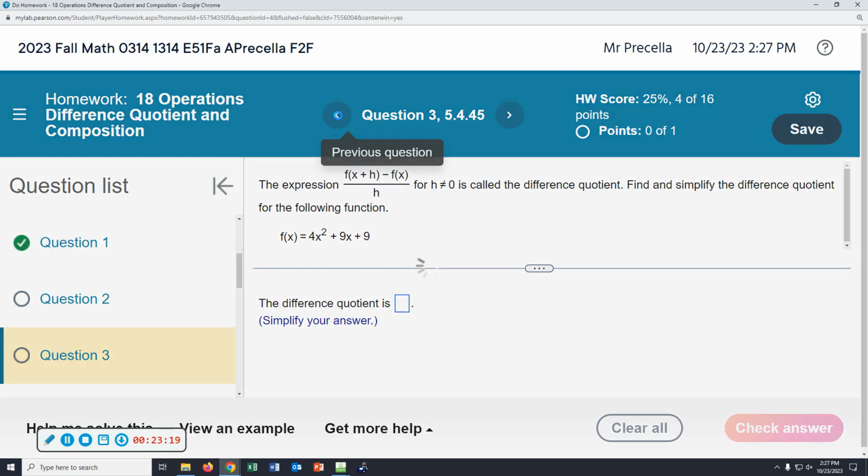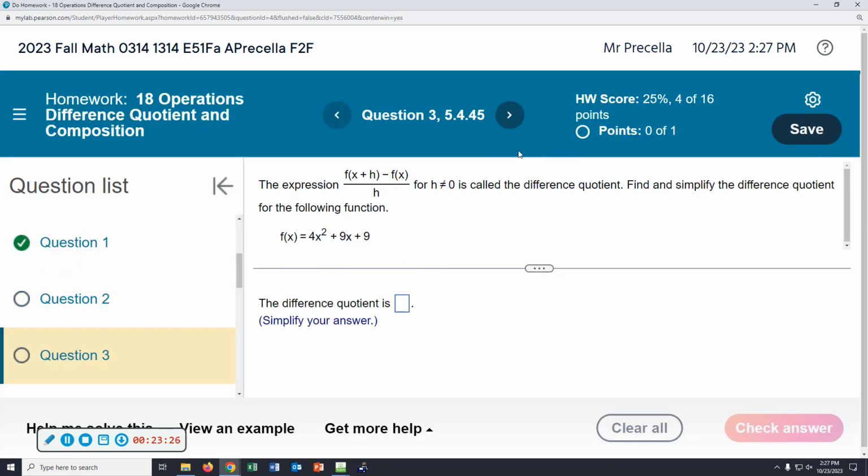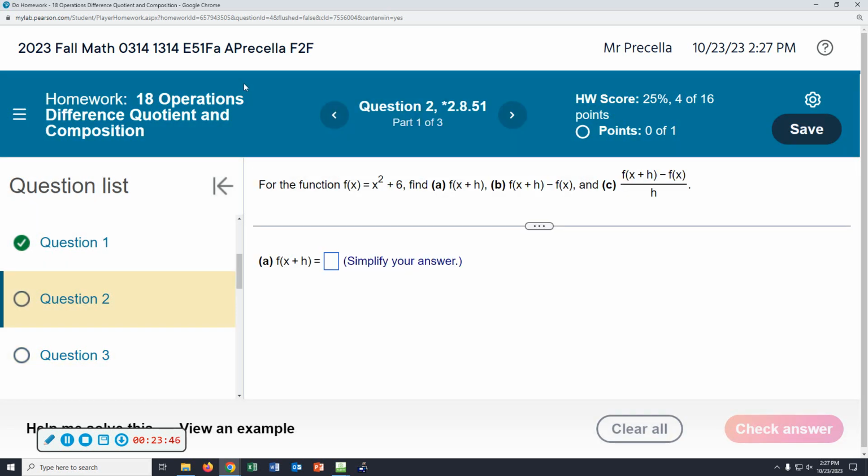On the test, I'm not going to assure you there will be problems where they ask you to find the difference quotient, but they will tell you what it is. Do I have to memorize f of x plus h minus f of x over h? No, because within the instructions, they'll tell you what the difference quotient is. You just got to know those 3 steps. First, find f of x plus h. So that's part A.